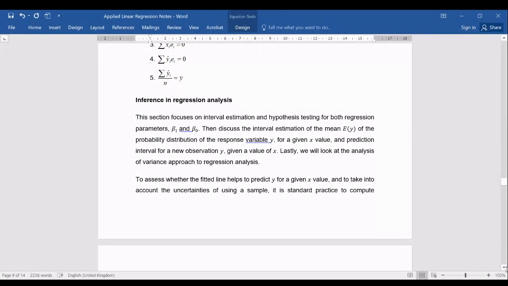And again, the interval estimation for the mean of y, and the mean of y is nothing but beta 0 plus beta 1 xi. I know that last week we derived the variance of beta 1 hat and beta 0 hat.